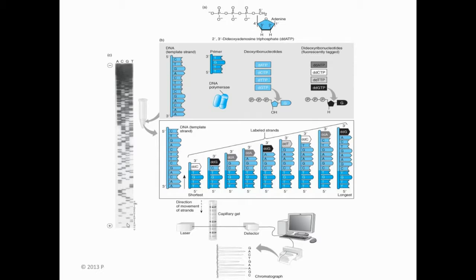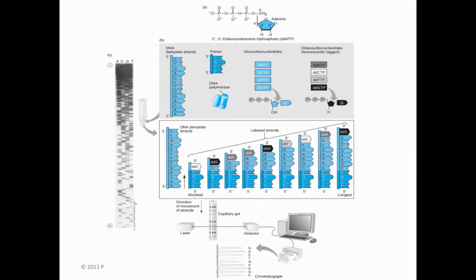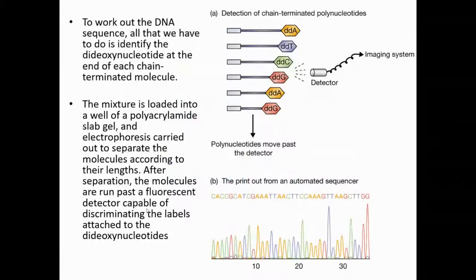Around 1996, in the 90s until the late 90s, you still needed to read this manually, and then later on, because of the development of the technology, instead of using this technique, which uses radioactive isotope, so that you can expose the activity to the X-ray film and then read the sequence, later on they developed new technology.